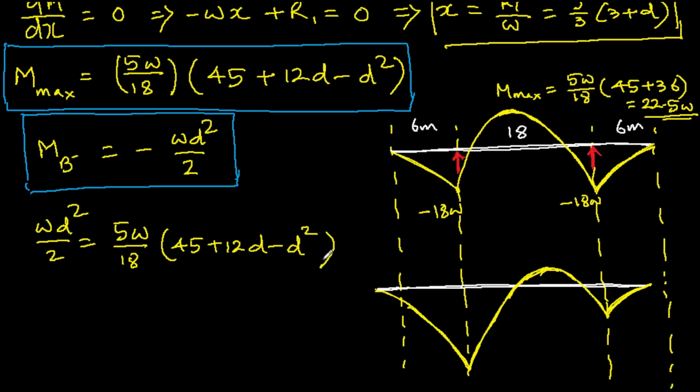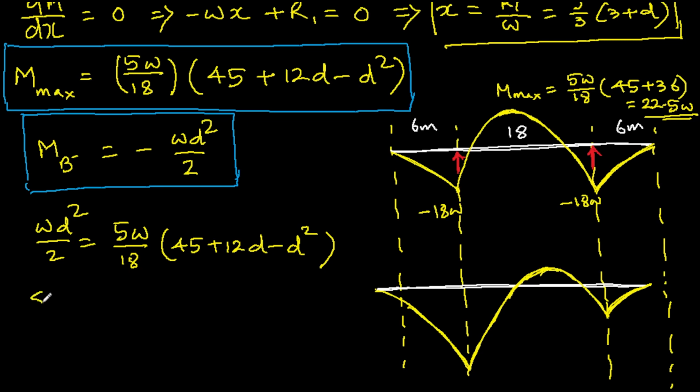Okay, so if you solve this equation, you will get the position of D for which the maximum bending moment will attain its minimum value.